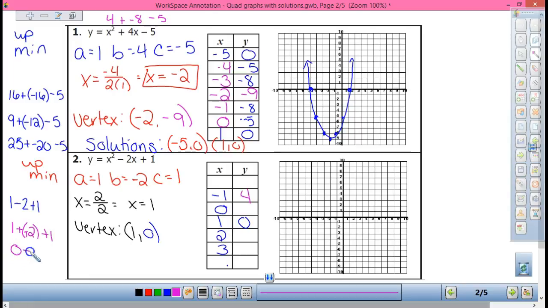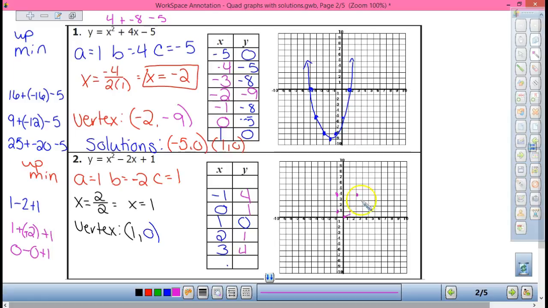Minus 2 times 0? Plus 1? 1. So what's going to go here? What's going to go here? 4. So I have negative 1, 4, 0, 1, 1, 0, 2, 1, and 3, 4.